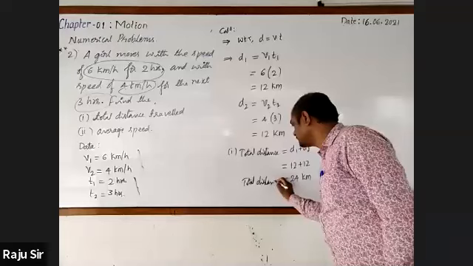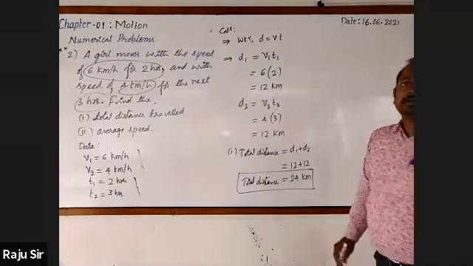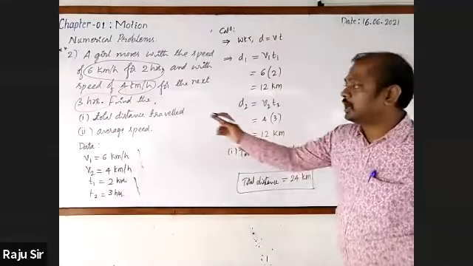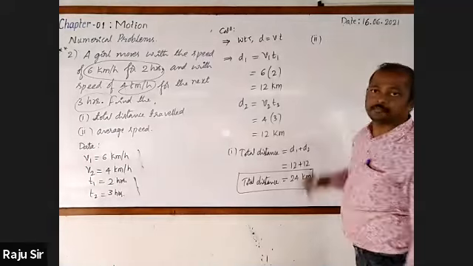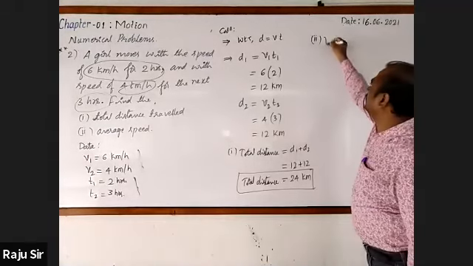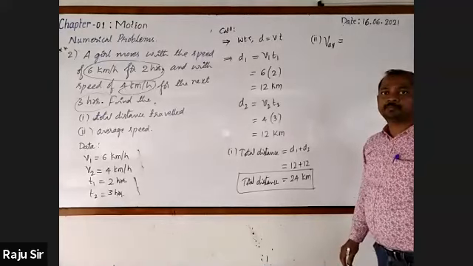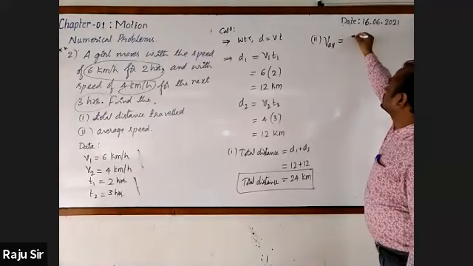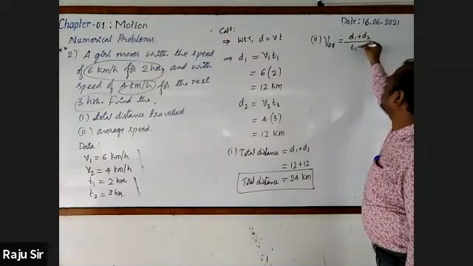Total distance traveled by the girl. Next, we have to find out her average speed. Let me write second one here. Average speed V average is equal to d1 plus d2 by t1 plus t2.